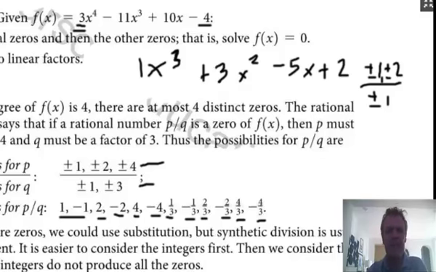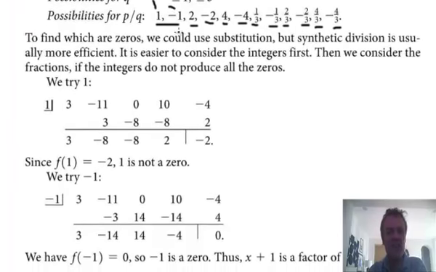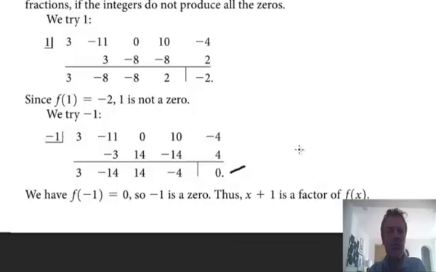Okay, so let's have a look at this. Let's try a 1. We try a 1 in synthetic division, didn't work. Okay, let's try a negative 1. We try a negative 1. Oh, thank goodness it works. Now after that, we realized that negative 1 worked, so x plus 1 is a factor.